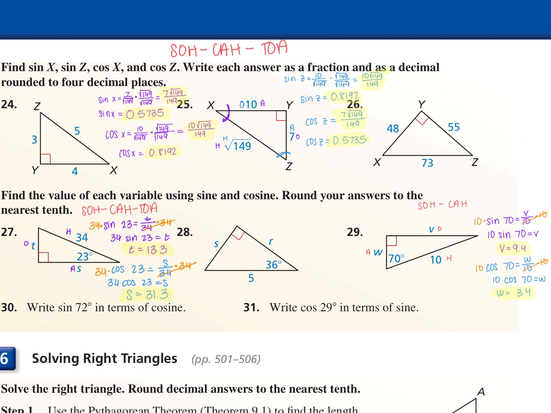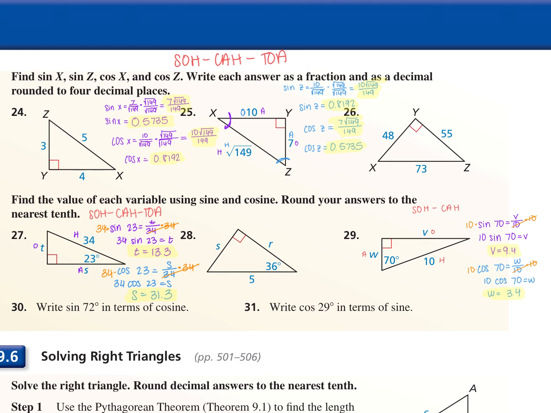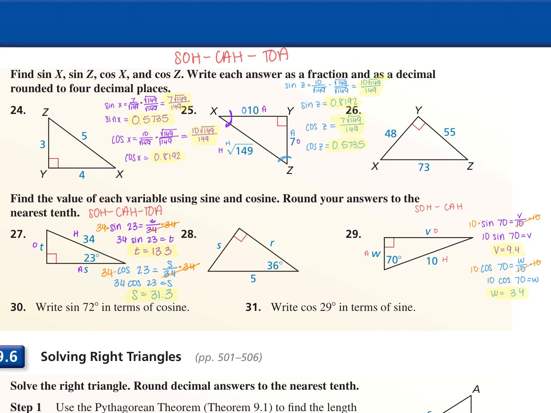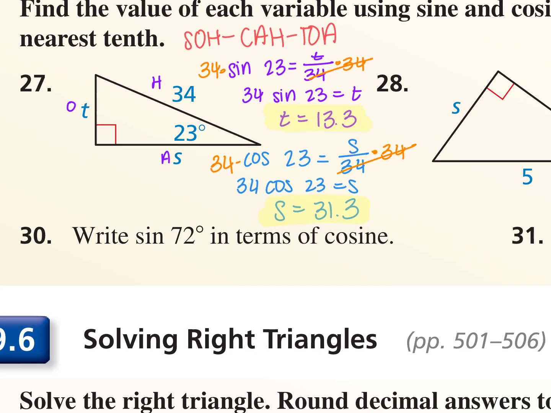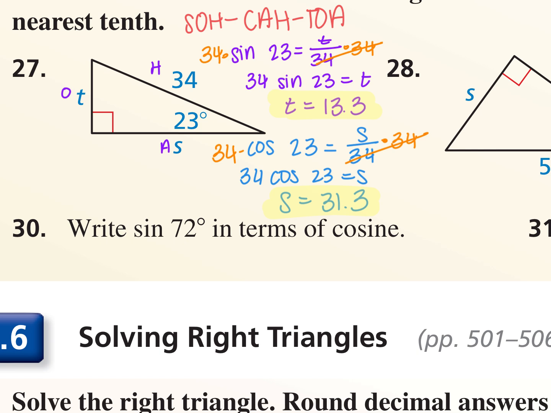All right, looking at the last question, write cosine 29 in terms of sine. I'm just going to do 30 and 31 really quick. Okay, keep in mind, sine and cosine, they're complementary angles. So the way you need to think about these is if they're giving you sine 72, your cosine is going to equal 90 minus 72.